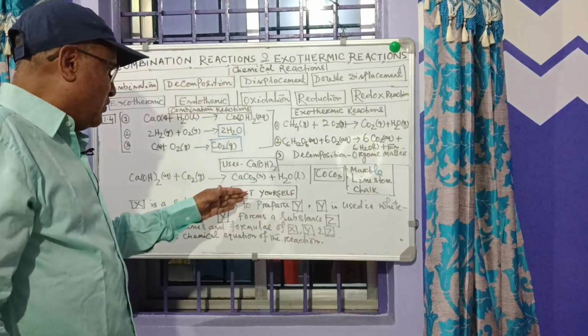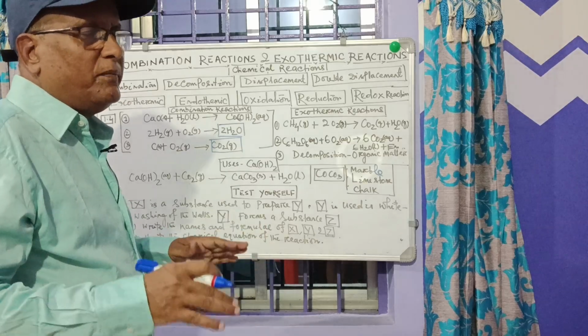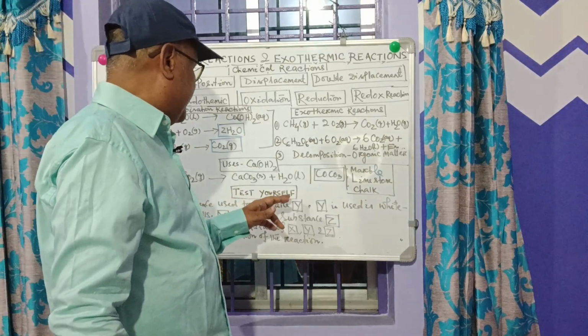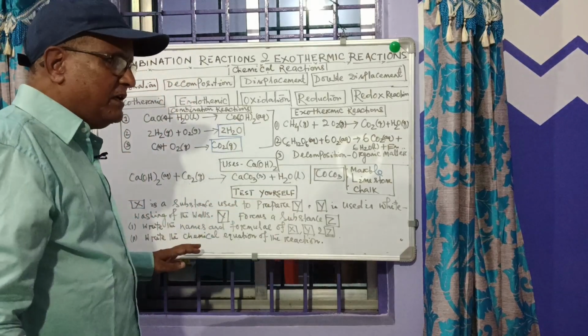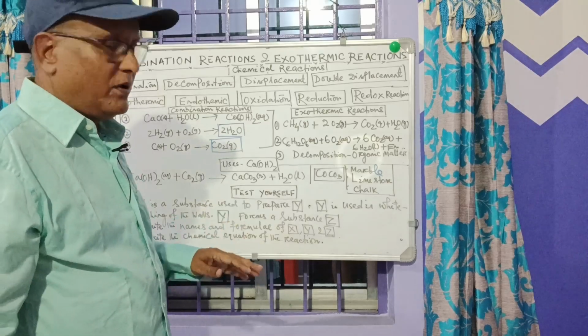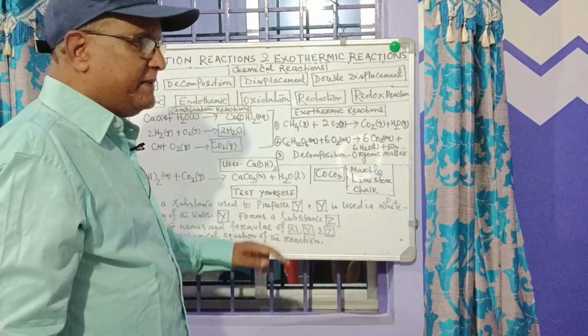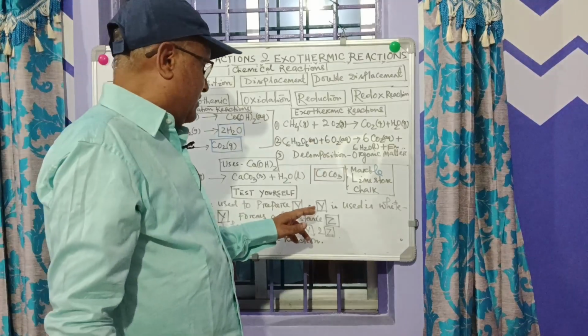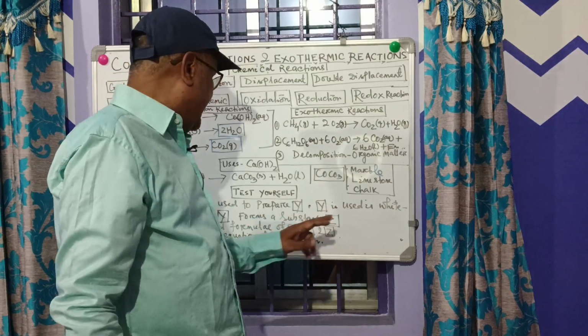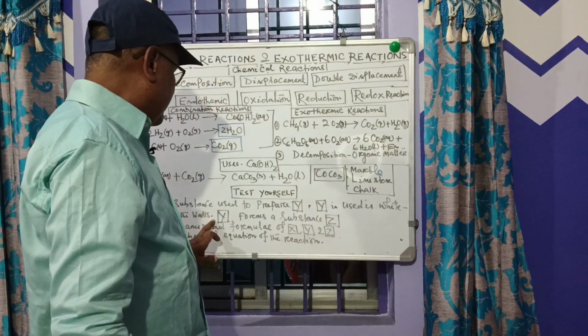So here is a question given as home task or test yourself. Let me read the question and this question is made for you. X is a substance used to prepare Y. Y is used in whitewashing of the walls.